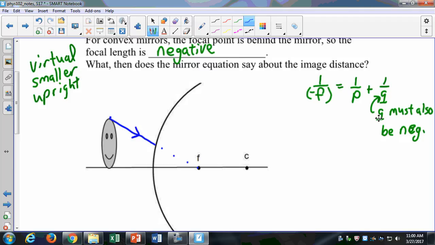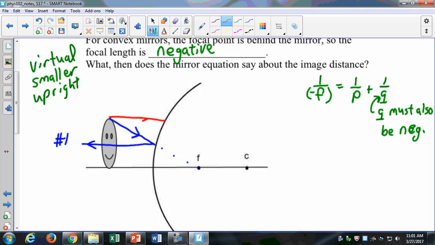That's the incident ray. And then it goes parallel to the axis. That's ray number 1. Ray number 2, what was it? Parallel to the axis and through the focal point.